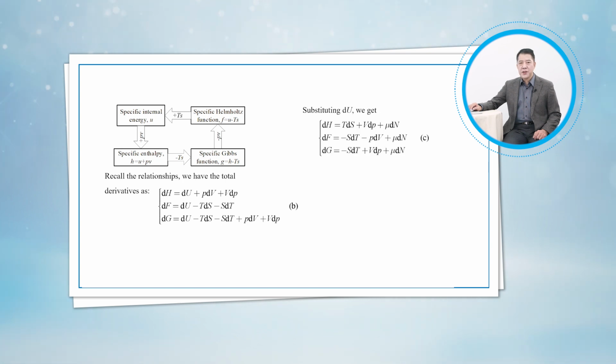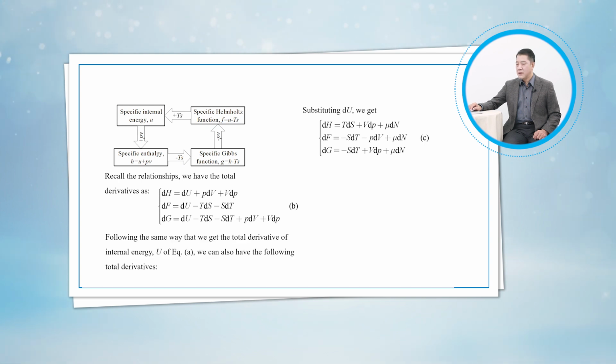After substituting dU into these equations, we get, following the same way that we got the total derivative of internal energy, we can also obtain the total derivatives of these functions.